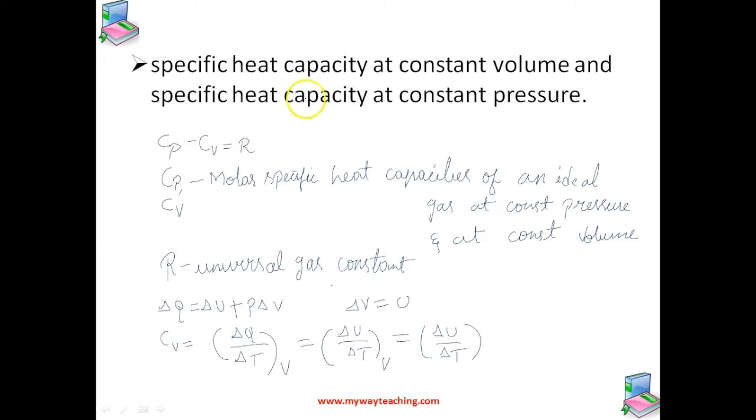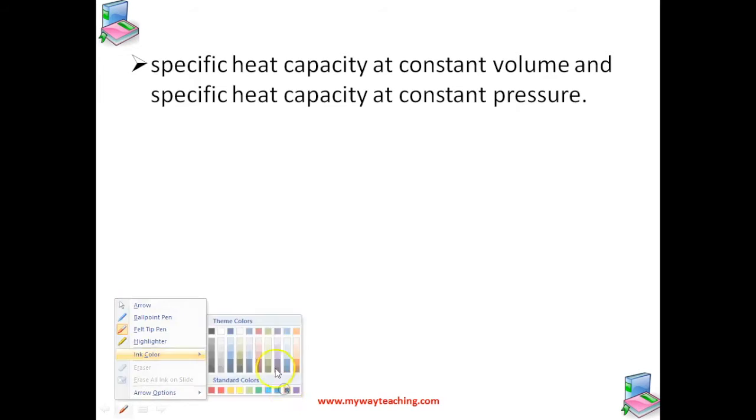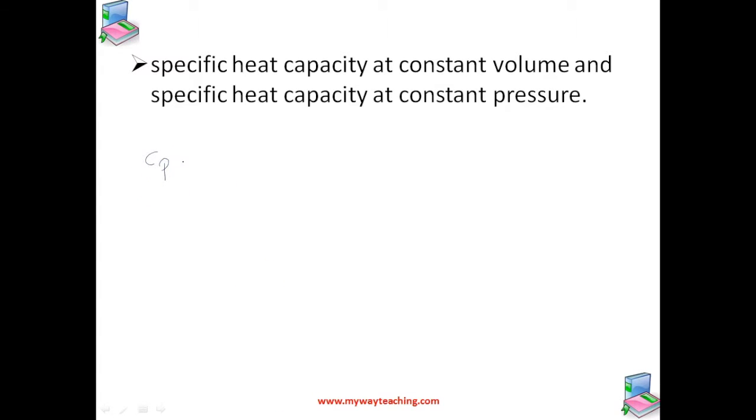When we consider constant pressure, in that particular case, we can write Cp is equal to delta Q by delta T with the subscript P, that is delta U by delta T plus P delta V by delta T. The subscript P can be dropped from the first term since internal energy of an ideal gas depends only on temperature.